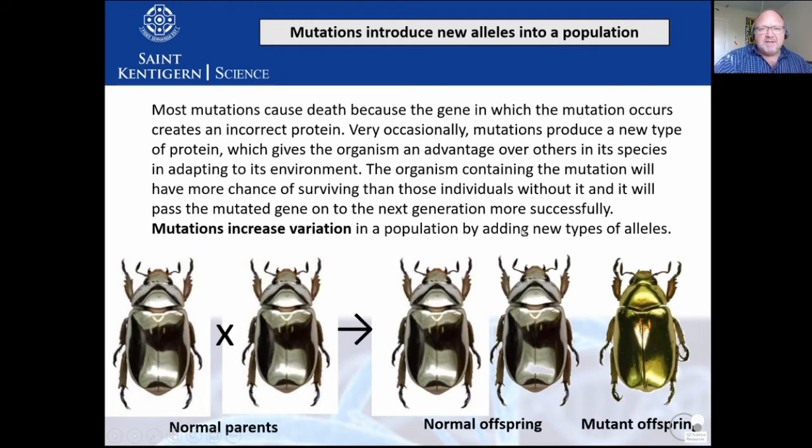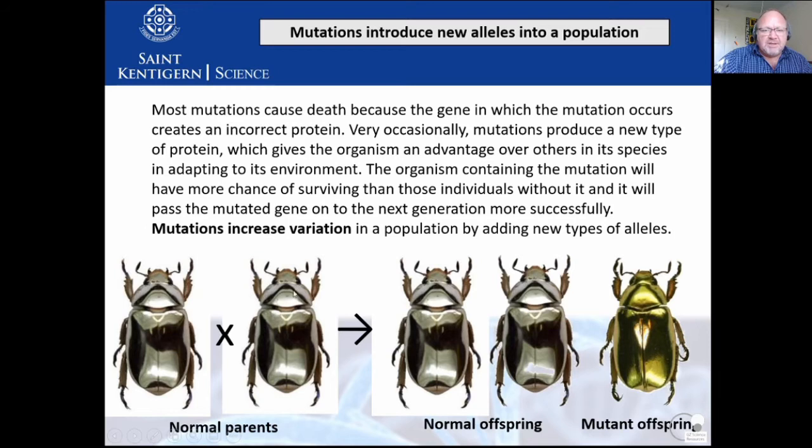Okay, so if you look at this, mutations introduce new alleles into a population. So you would have, for instance, the normal parents. They would have babies, and suddenly one of them has a mutation. Now that mutation, depending on where it happened, if this mom or dad had a mutation in their egg cell when they were producing the egg cell, then that will be passed on to the offspring.